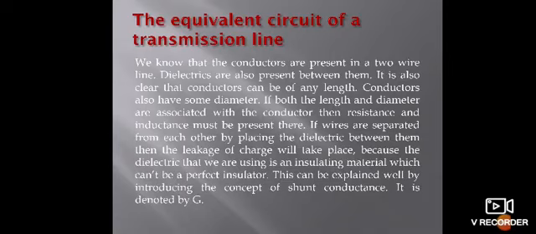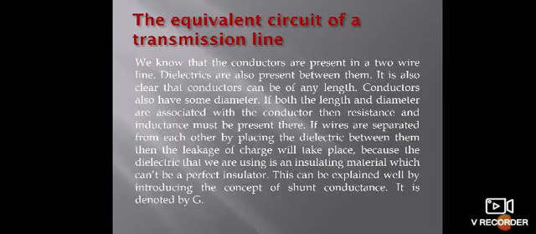The conductors may be of any length, and the conductor also has some diameter. So when both length and diameter are taken into consideration, the resistance and inductance must be present there.